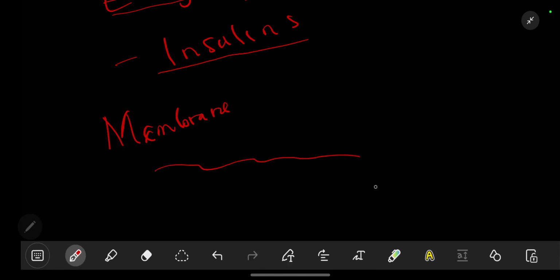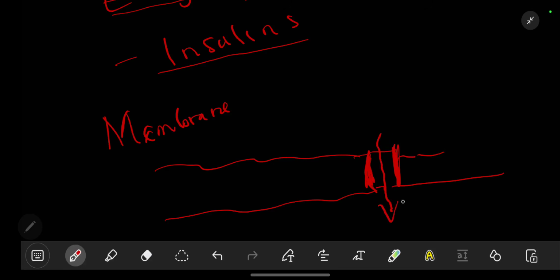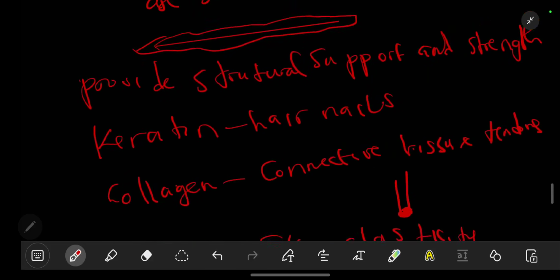If you have the cell membrane like this, sometimes there are proteins which form channels, that space between the membrane which allows things to pass, which is what we call the protein channel. This is where substances can enter, big substances and all that. We might also have surface proteins, which are called peripheral proteins.